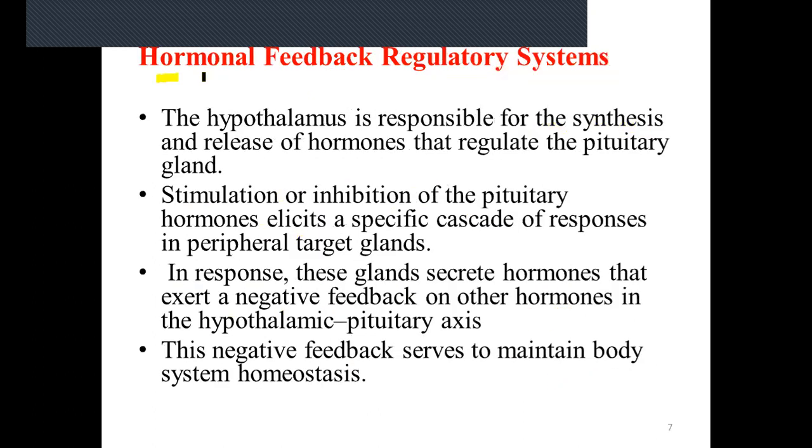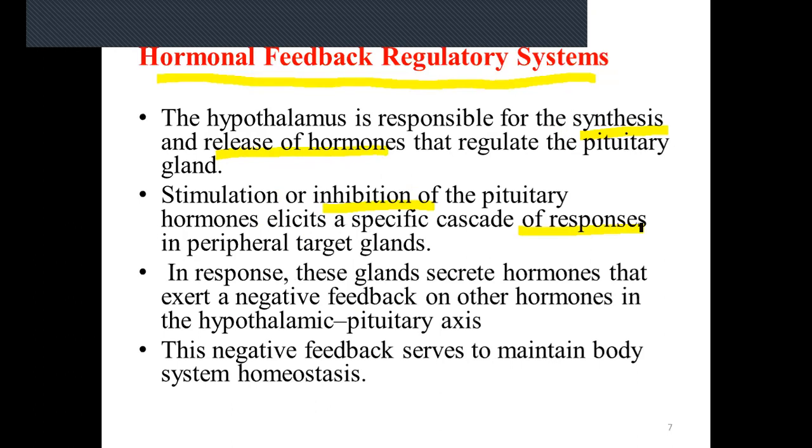Then, as we have seen even in the previous endocrine disorders, we have seen the hormone feedback regulatory system. The hypothalamus synthesizes the releasing hormone, which regulates the pituitary. Then the stimulation and inhibitory effect of the pituitary hormone elicits a specific cascade of response in the peripheral gland.